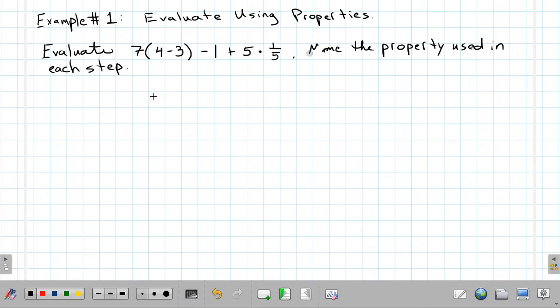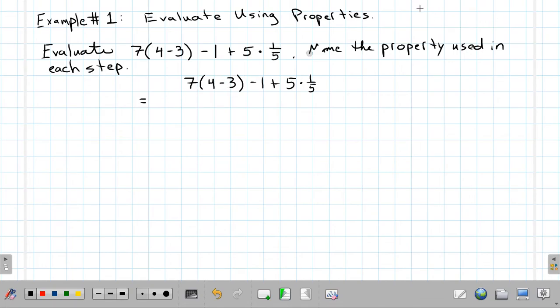So I'm going to rewrite this expression: 7 times 4 minus 3, minus 1, plus 5 times 1/5. We're going to go down through here and evaluate this expression, which means using order of operations. The first thing we notice is that we have to do what's inside grouping symbols first.